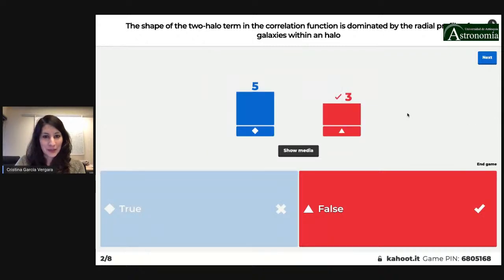Okay, well, the answer is false. The 2-halo term is dominated by the distribution of dark matter halos in the universe. The one which is dominated by the radial profile of galaxies within one halo is the 1-halo term, because this is basically based on the number of pairs of galaxies at small distances. Then that was false.